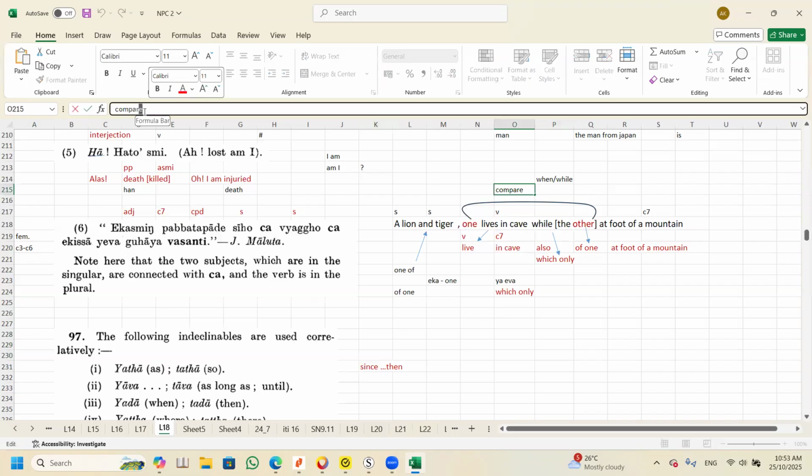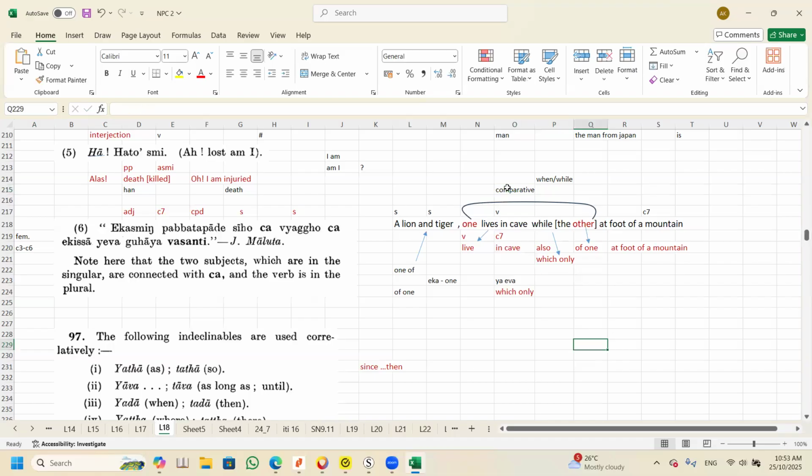Whether I'm right or not, when I say comparative, you should understand. It's complicated, but you should understand. The difficult word like this, you have to figure something out. Now I show you another thing.